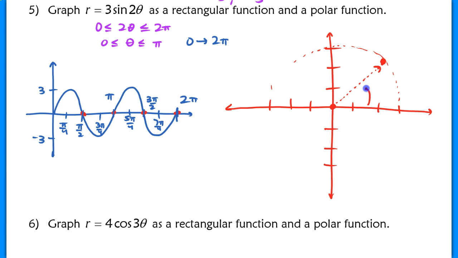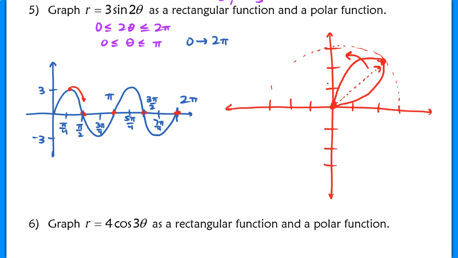As we increase in this particular section of quadrant 1, this is going to increase till we get to this value. Now, once we get to pi over 4, it starts decreasing again. So we're getting sucked back to the pole when we get to pi over 2. As we graph this direction, once we get to pi over 2, we're sucked back in. So we start decreasing until we get to 0 once we get to pi over 2.